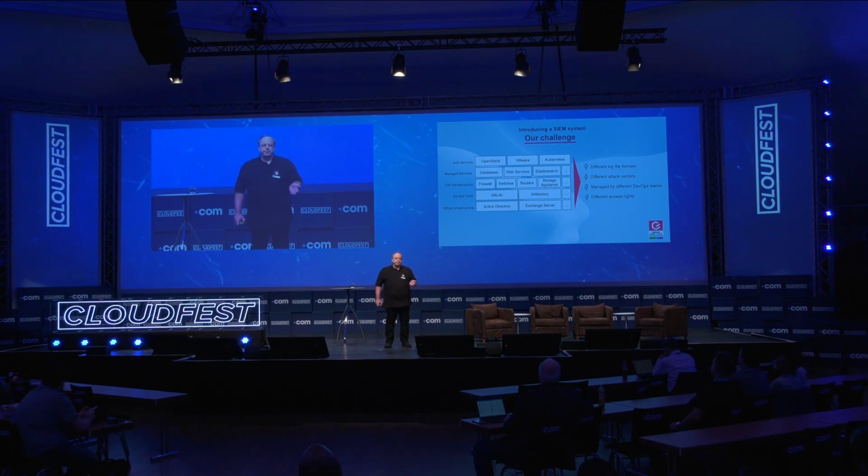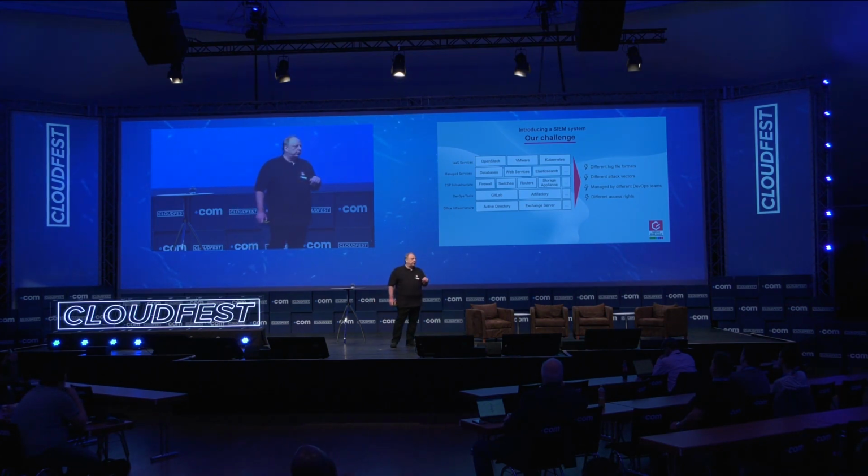We offer infrastructure services for our customers, public cloud services based on OpenStack, VMware, Kubernetes. We offer managed services like managed databases, web servers, managed Elasticsearch, of course, and a few more. And to do all that, we have our own infrastructure, like we have our own firewalls, switches, routers, storage appliance, you name it.